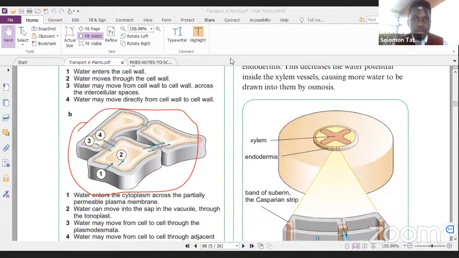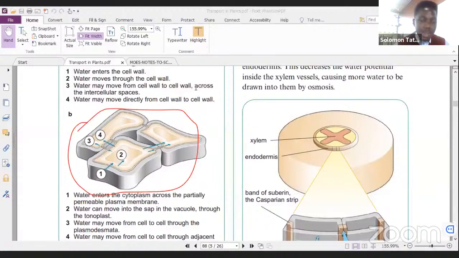Okay, good job. In the symplast, we're seeing that water is moving through the cytoplasm, from one cytoplasm to another. Which is good. In case the arrows were pointing from one vacuole to another vacuole, that would be another pathway, which we call the vacuolar that you mentioned.